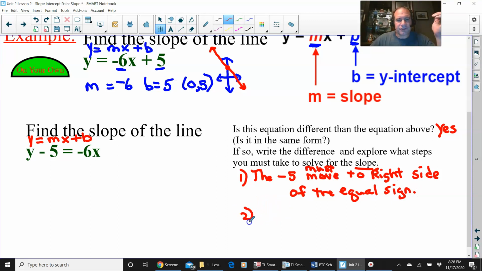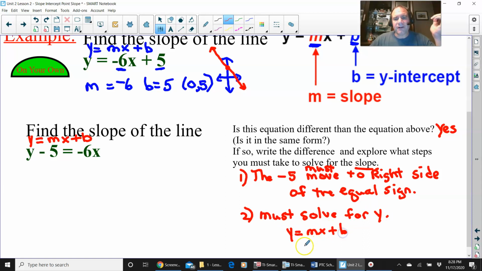You must solve for y. And you must have y equals mx plus b to identify the slope and the y-intercept. If you don't have y equals mx plus b, guess what? You cannot tell me what the slope is.